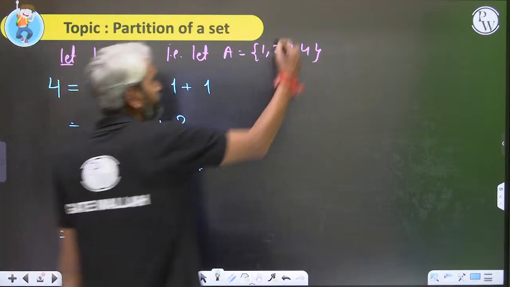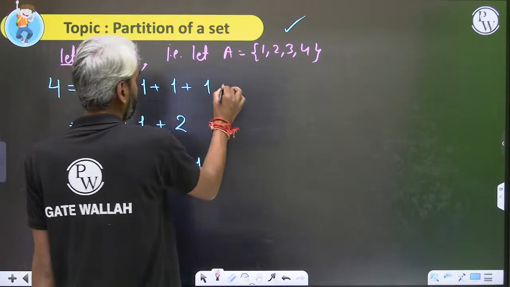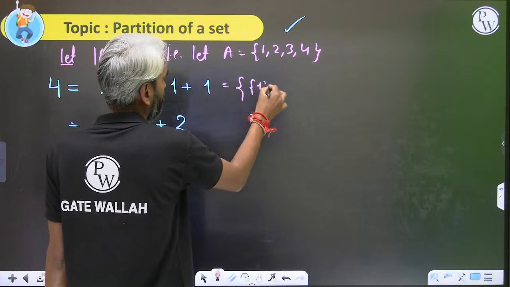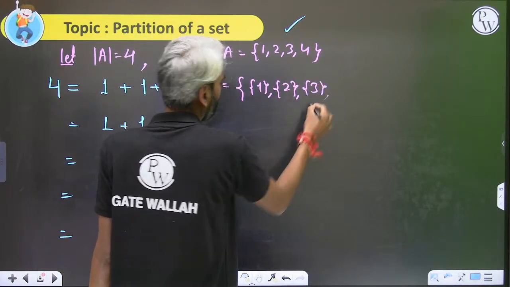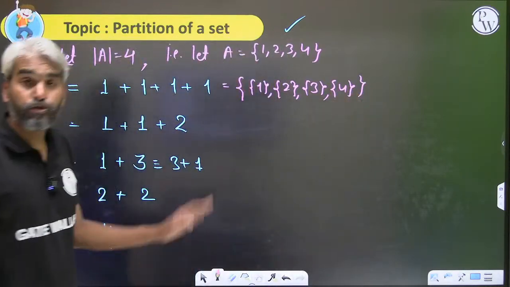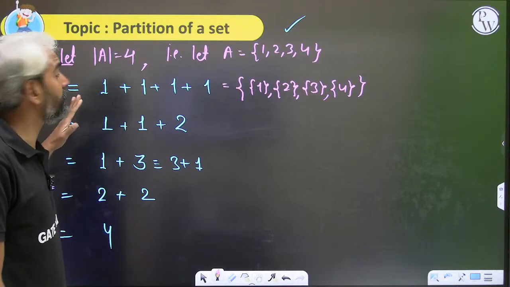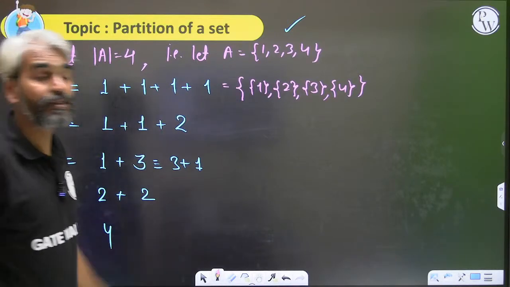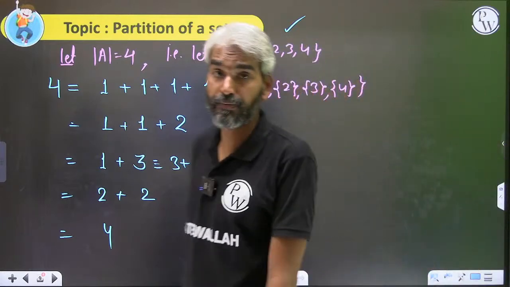So if somebody asks how many partitions there are, please try to understand: in this type of partition, one set contains one element, another set contains another element, another the third element, another the fourth element. So there will be only one partition of set A in which all the subsets are of size 1.